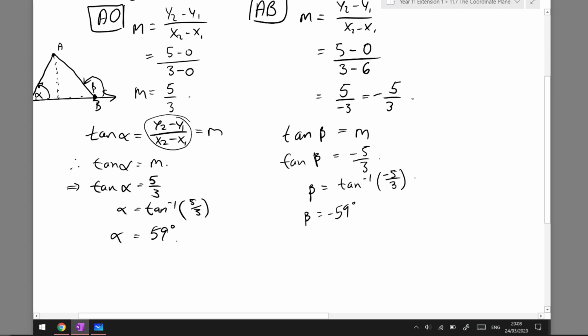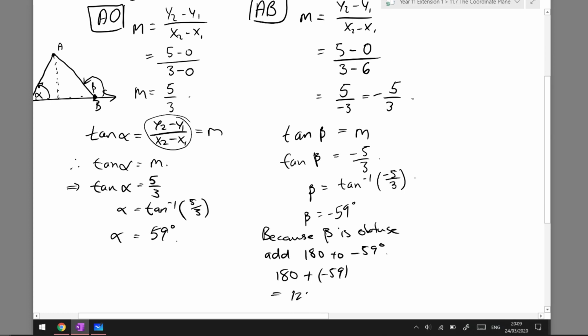So to work out what beta is, because it's obtuse, what we're going to do is add 180 to -59 degrees. Now the reason we're going to add that is because it's going to give me a positive number. So we do 180 plus -59, and that is equal to 100 and something degrees. I'm going to say 121 degrees.